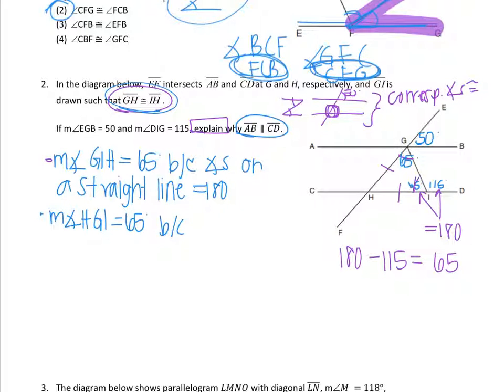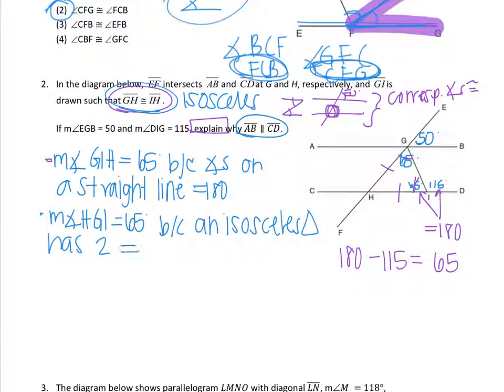If we think back to our important information, this type of triangle is called isosceles, because an isosceles triangle has two congruent angles.